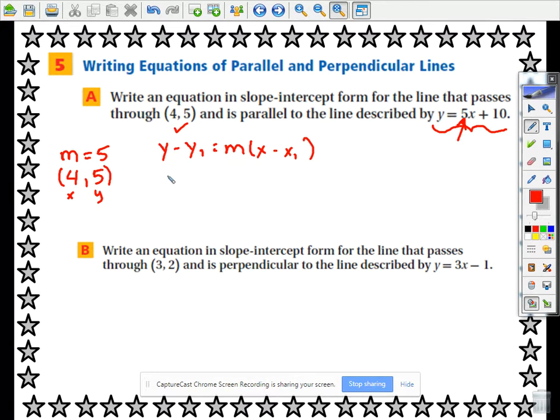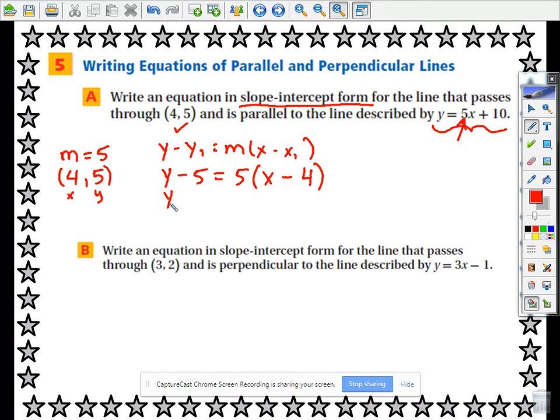So I have y minus 5, that's my y, equals, my slope is going to be 5 because it's parallel to this, times x minus, here's my x value of 4. Now, this is an equation of a line, except it asks for slope-intercept form. So we can easily convert this to slope-intercept form.